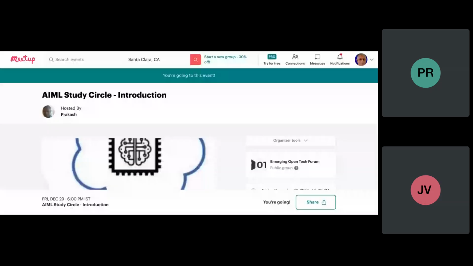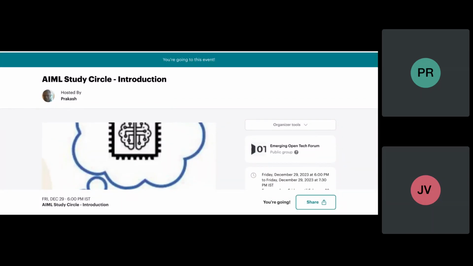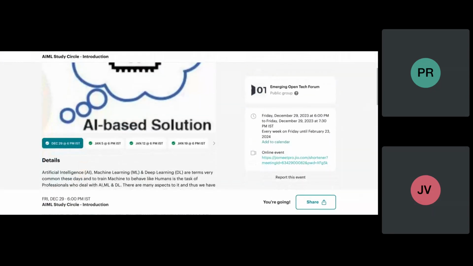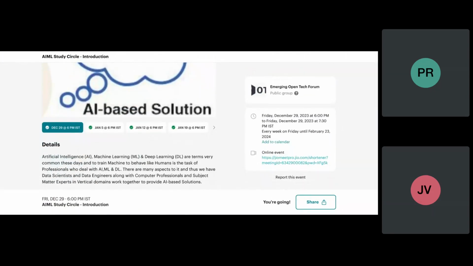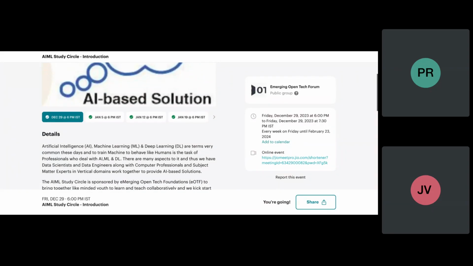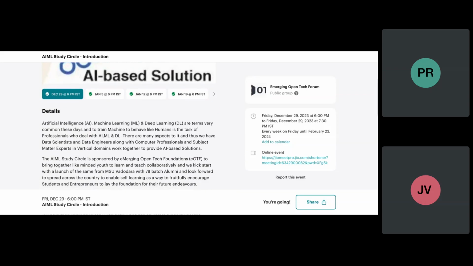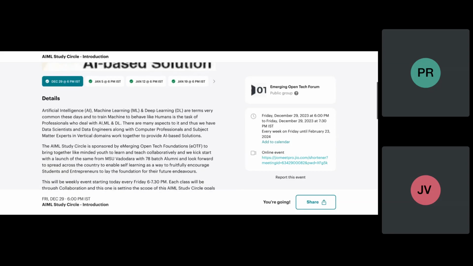What you are seeing is the AIML Study Circle. This is hosted by eOTF, Emerging Open Tech Foundation. We started on December 29th at 6 p.m. We just wanted to introduce everybody. AI, machine learning and deep learning are terms that are very common these days.